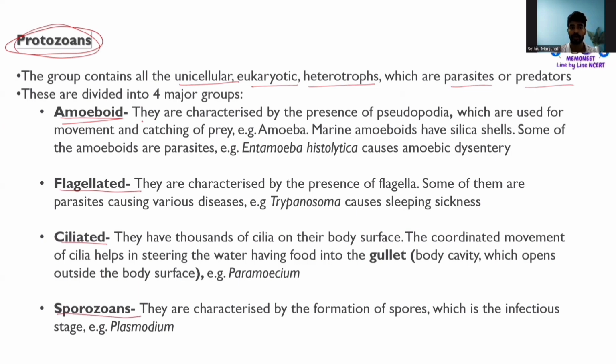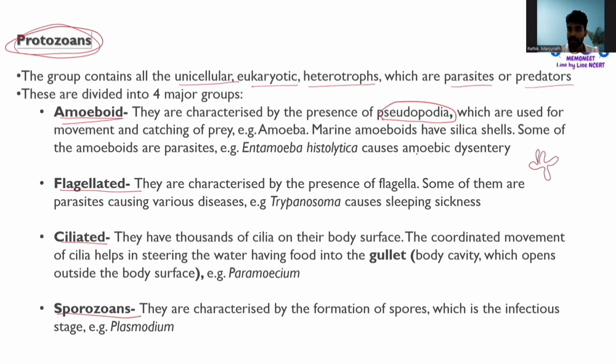Amoeboid protozoans are characterized by the presence of pseudopodia. What is pseudopodia? It is a false foot. Pseudopodia are used for movement as well as catching of prey. You have seen the amoeba structure, right? Because of the pseudopodia, they use these for movement and catching prey.